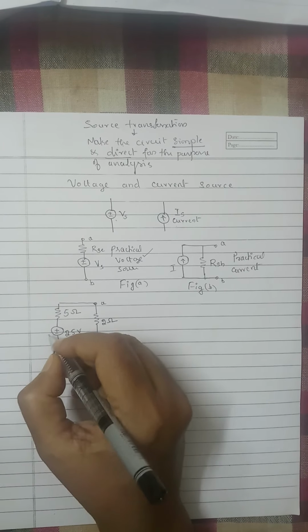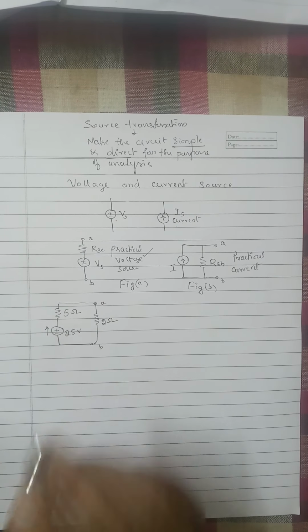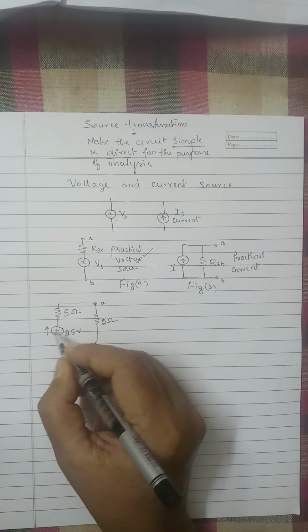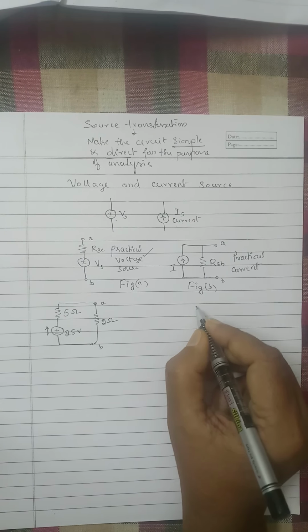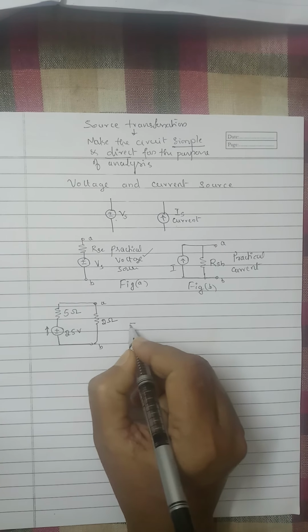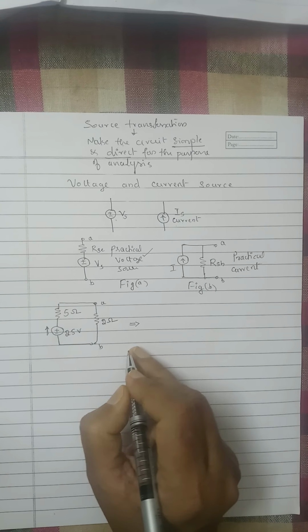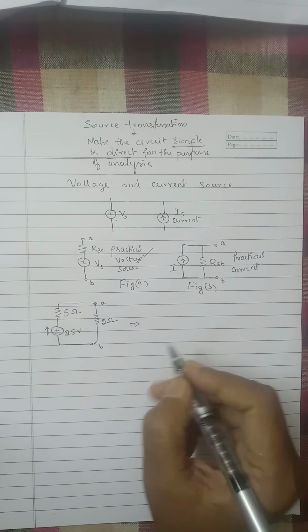See, this source is delivering a current in the upward direction. Positive inside the battery, this symbol represents. I am evaluating the current through the 2 ohm resistor by applying Kirchhoff's voltage law.